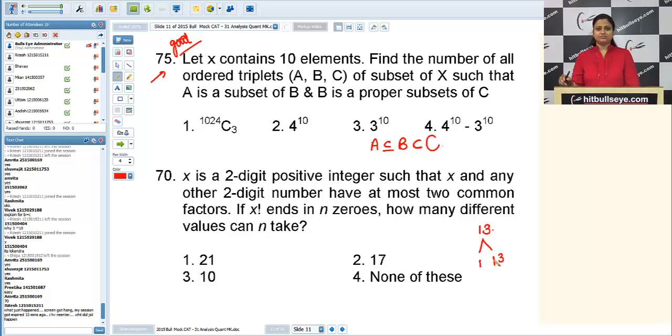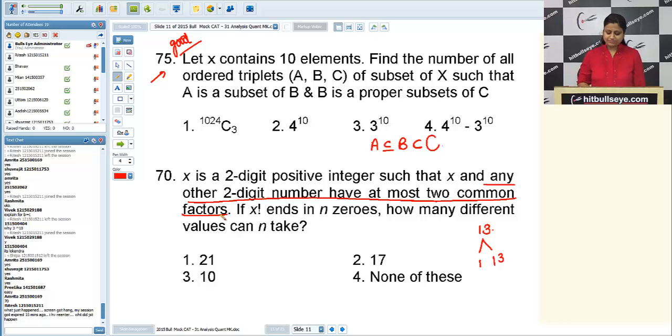You take any other number, the common factors will be either 1 or 13 or both. That is the only possibility. But see, it says with any other 2-digit number have at most 2 common factors. X has to be a prime number only. That's what I'm trying to tell you.